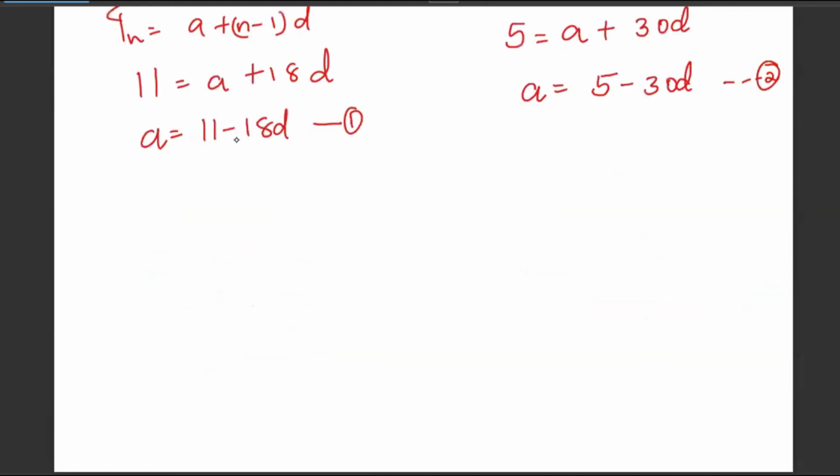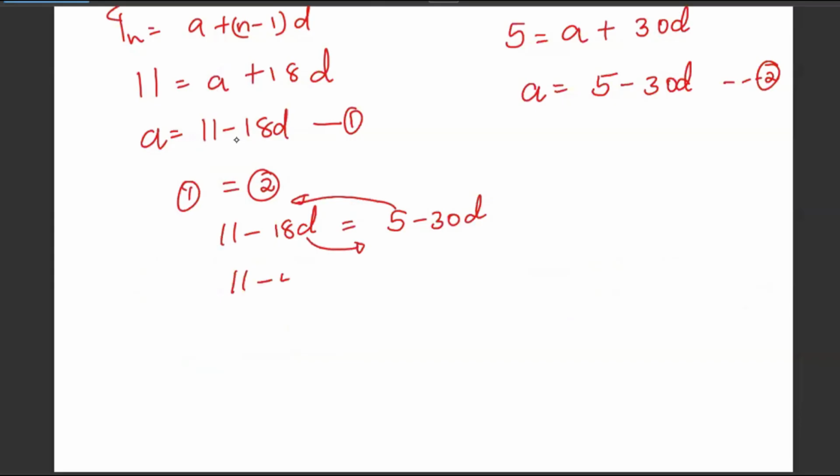Then I'll equate equation 1 to equation number 2. So 11 minus 18d must give us 5 minus 30d. Let me move this 5 to that side, move the 18d to that side. So 11 minus 5 gives us negative 30d plus 18d. 11 minus 5 gives us 6, and then negative 30 plus 18 is negative 12d.